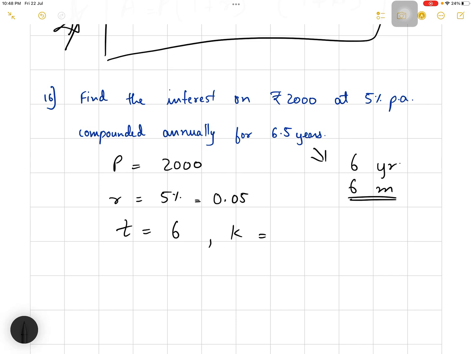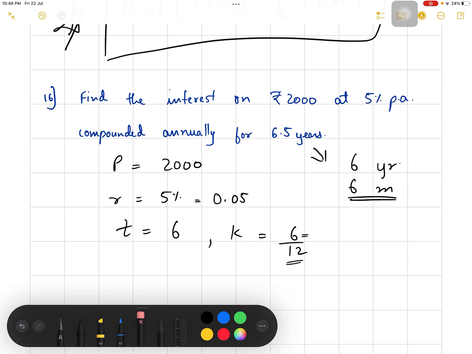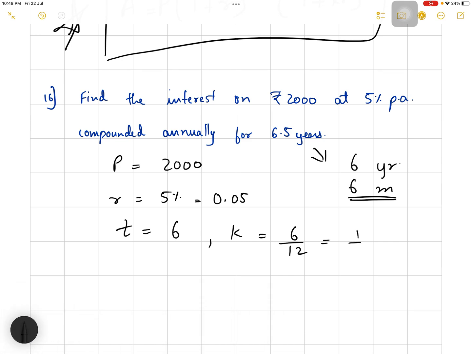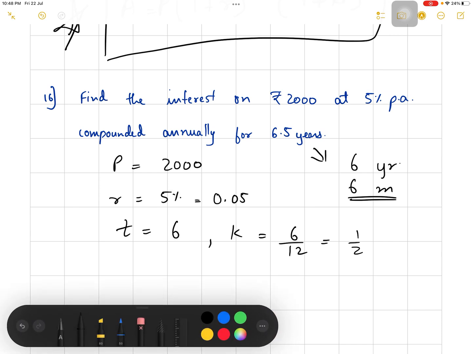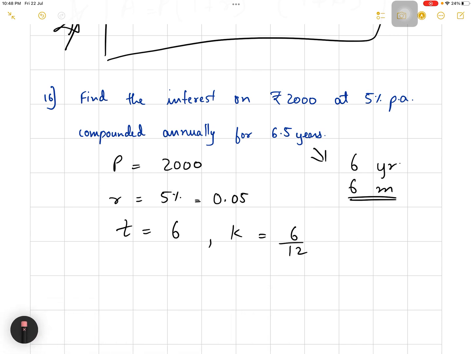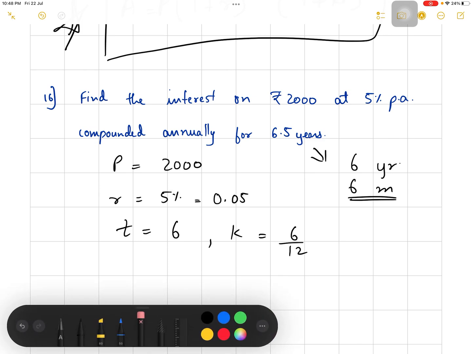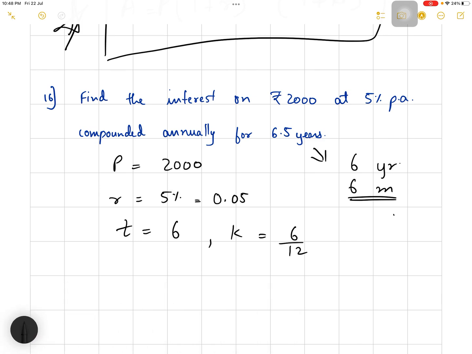So K is equal to, you can write it this way, 6 upon 12, like out of 12 months, 6 months. And 6 upon 12 means 1 by 2 only, right? So if in the exam 6 years and 7 months is given, don't write 0.7, then this becomes wrong.